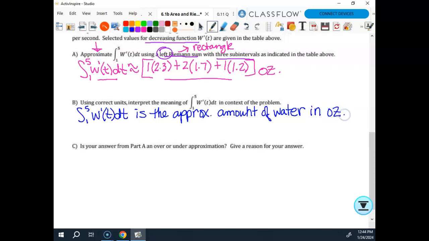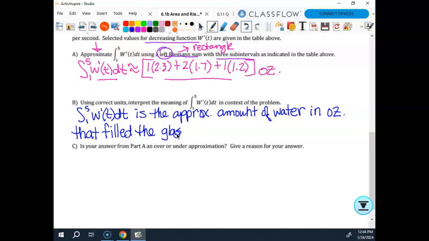And again, technically maybe we should have written out the word, but this is not English class, it's fine. It's the approximate amount of water in ounces that what? Read the question. That filled the glass, period. Are we done?